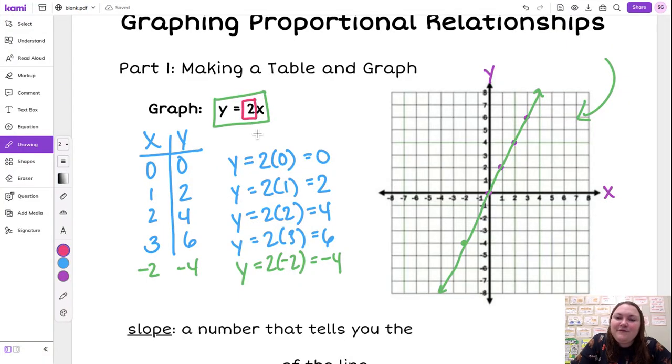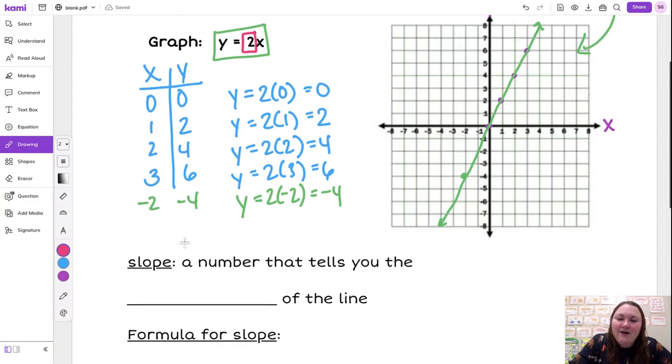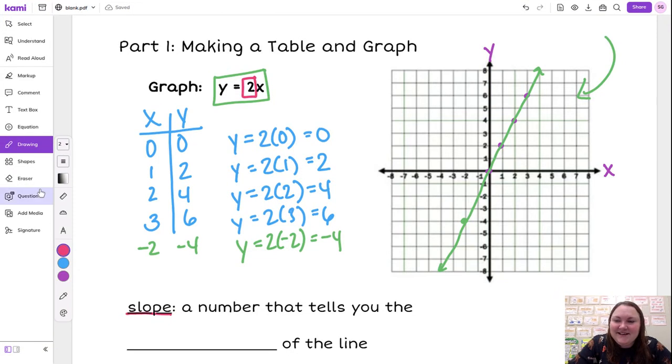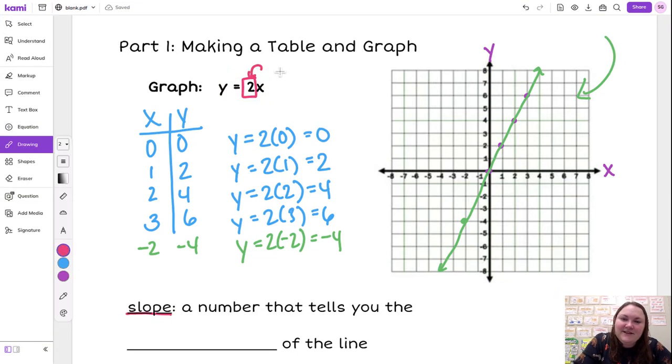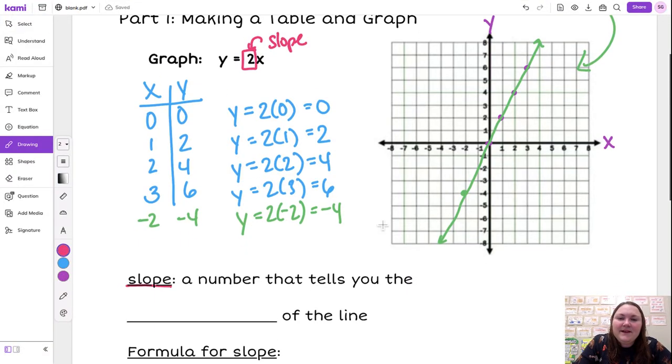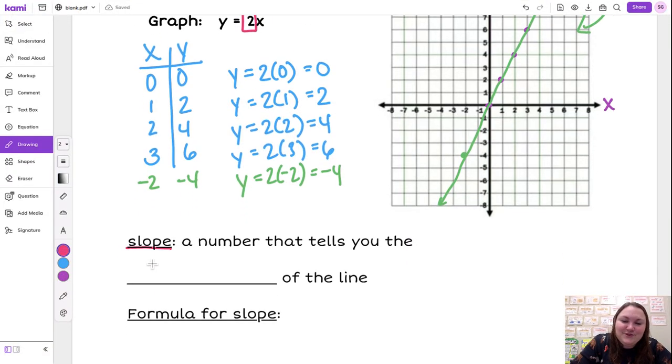The number in front of x is called slope. So for this equation we just did, the number 2 is what we call slope. And slope is a number that tells you the direction of the line.